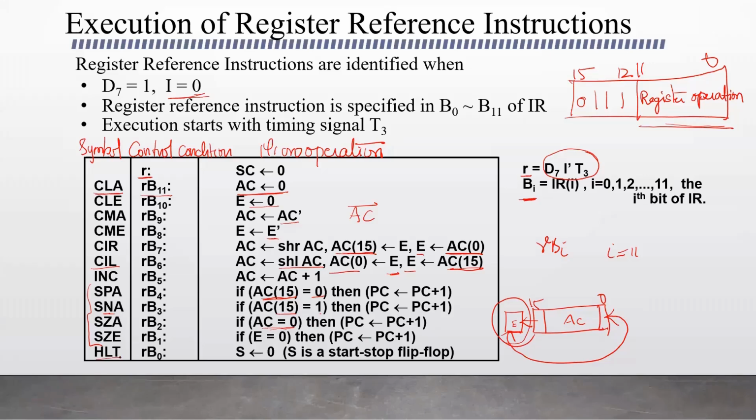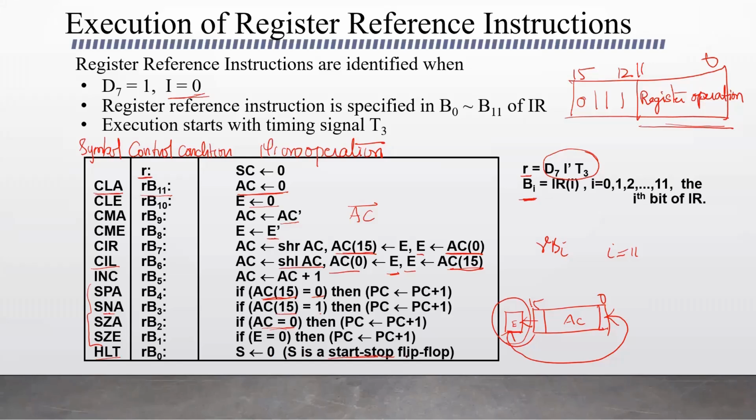And HLT is to halt the execution. So what do we do? To halt or to stop the execution, we need to set the start-stop flip-flop. It references when to start and where to stop. We clear the content of this. We set 0 to this register.